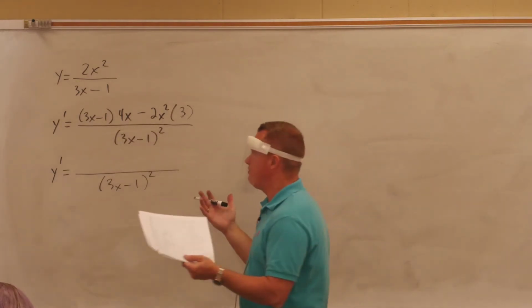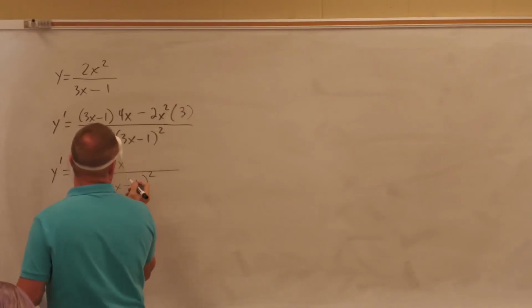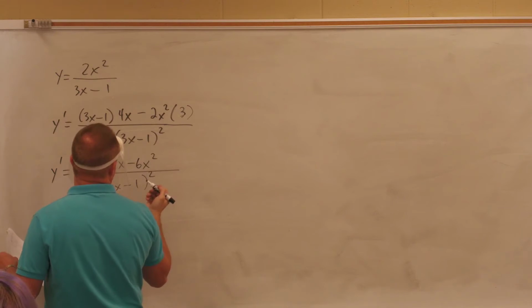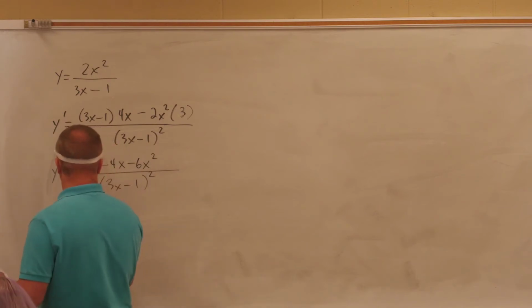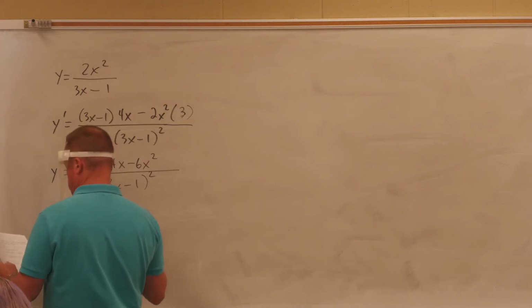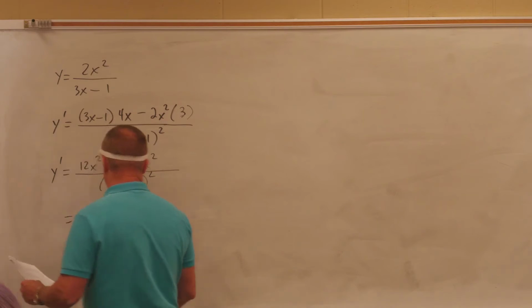You just got to find the slope. So I'll just go ahead and distribute a little bit here. That'd be 12x squared minus 4x, and then I got minus 6x squared. You could put those together pretty easy. So I get 6x squared minus 4x over 3x minus 1 squared. Okay, that's not too much.